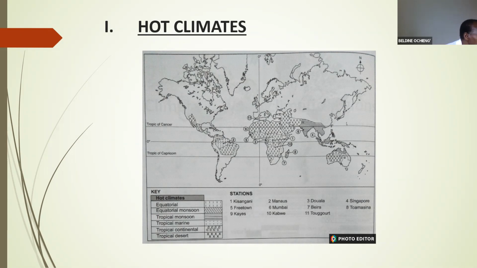When we talk of equatorial, the symbol, the shading can take us to where we have the 0 degrees to almost 23 degrees. That is the equator. We can see the equatorial climate there.